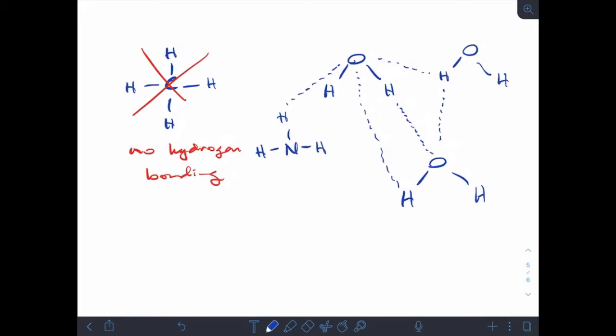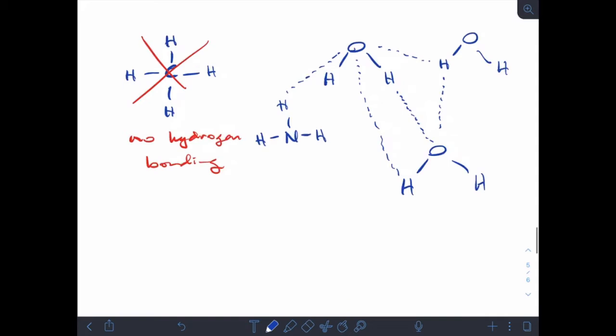Ice floats because of hydrogen bonding. When the water molecules are frozen in place, the hydrogen bonding helps to keep the space between those water molecules, and that creates a lattice that makes ice less dense than liquid. Which is fascinating. So we can thank hydrogen bonding for life on Earth.